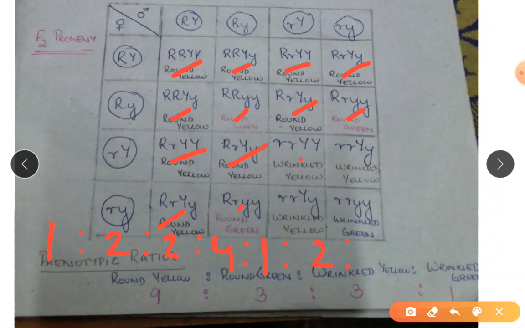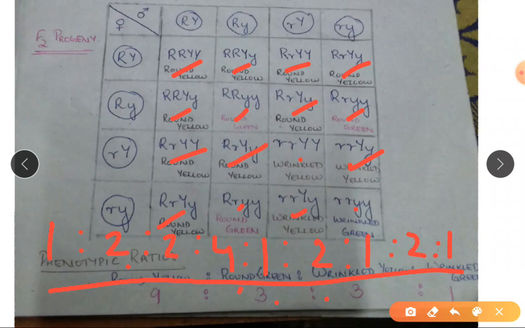Then again 1. These 2. And again finally 1. Maybe it won't be asked because it's not there in the textbook, but if the question is asked, give the genotypic ratio of the dihybrid cross, you have to write 1 is to 2 is to 2 is to 4, 1 is to 2 is to 1 is to 2 is to 1.